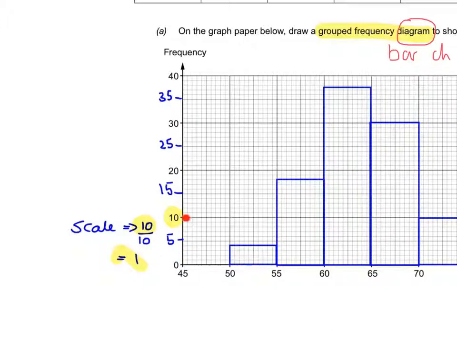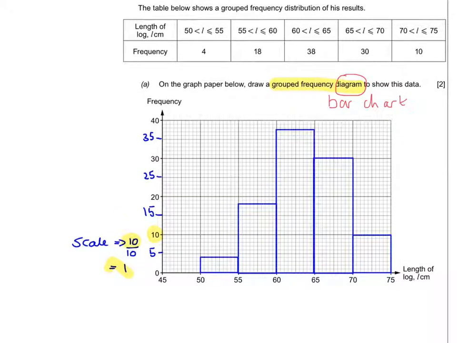So if I bring attention to that, there's 10 little squares that go into that, so that's why it's 10 divided by 10 equals 1. So then looking at that, it should be a bar that, if you look at the numbers here, if I zoom out a little bit, you see there 50 to 55, it runs that bar there, and they all touch like that, okay? So that's what it should look like.